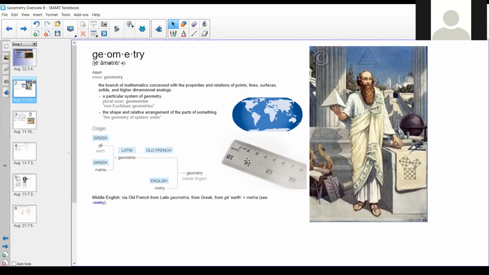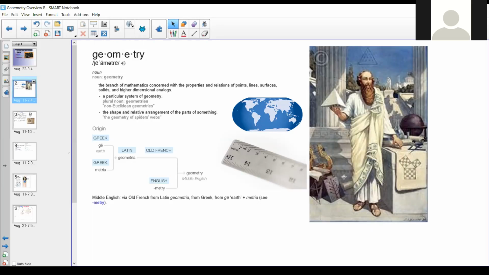Now, geometry was used ages ago, way before a man named Euclid was the first to formalize geometry. He formalized it on paper in a book form. We're going to talk about Euclid's Elements later. But formal geometry doesn't mean that concepts like the Pythagorean theorem didn't exist.